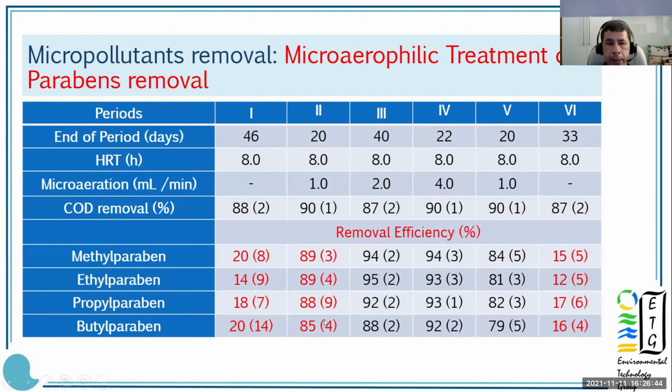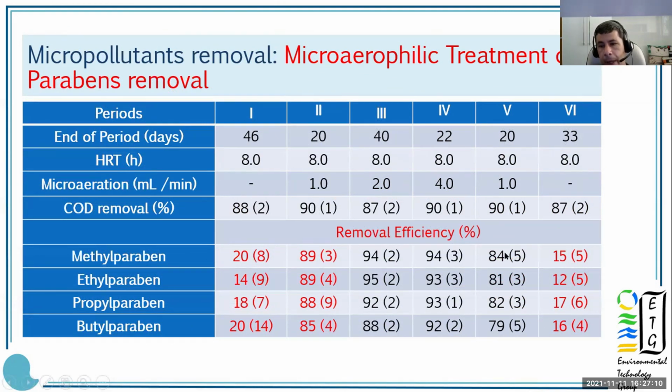And the same trend can be observed for parabens: low paraben removal under anaerobic conditions, but very high removals when we apply microaerobic treatment, even at the lowest air dosage applied in the system.